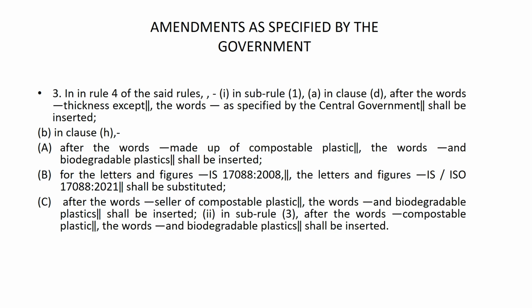For the letters and figures, the ISO number of 2021 shall be substituted. After the word seller, the words of compostable plastic and biodegradable plastic shall be inserted, and the words compostable plastic and biodegradable plastics shall be inserted.